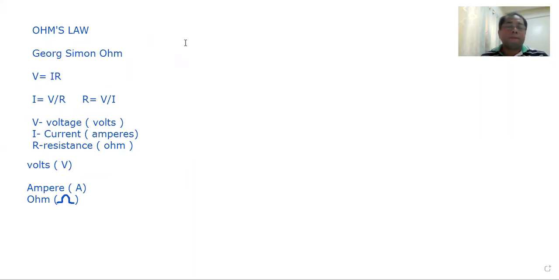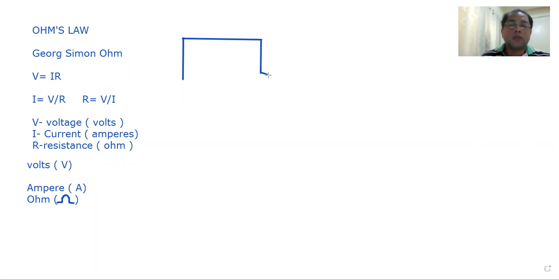Now, if we are given, for example, a circuit, we will always have a schematic diagram. In this circuit, we will have wirings. Then part of our circuit will need a device that we will call a resistor.